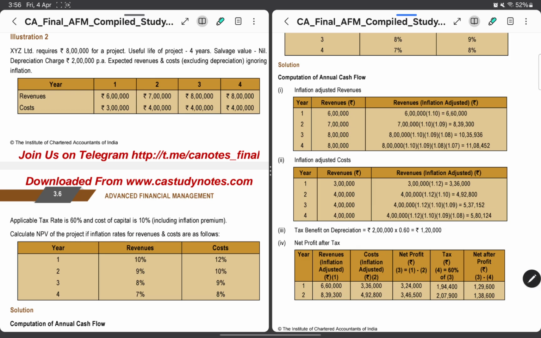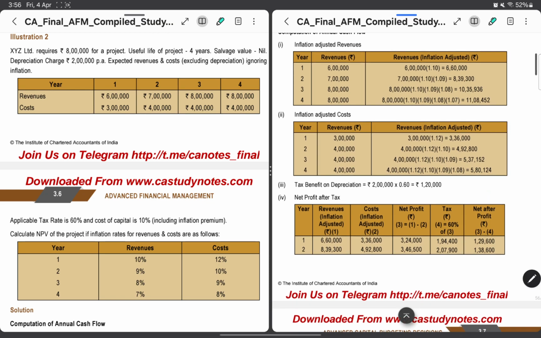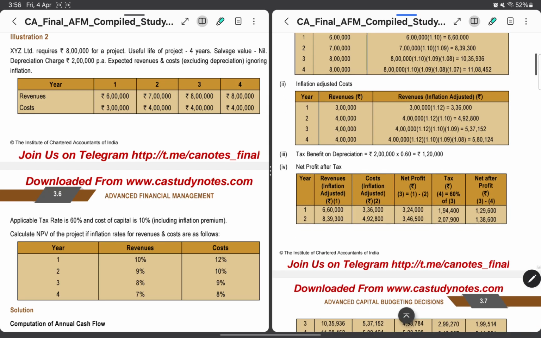So the same way, my revenue minus cost, which is my net cash flow, on that I will reduce the tax portion, and then I get a cash flow. Then the tax benefit on depreciation that I will add, that is my nominal cash flow, inflation adjusted, right?